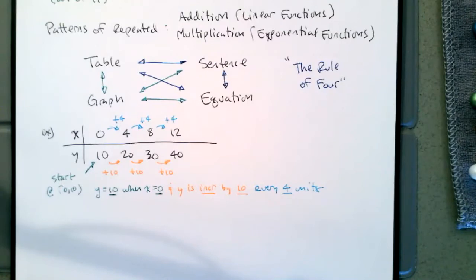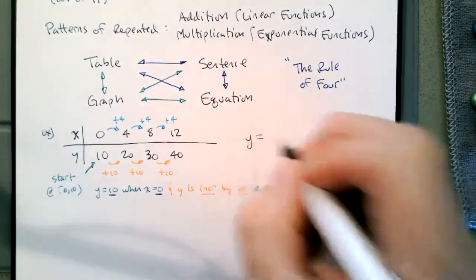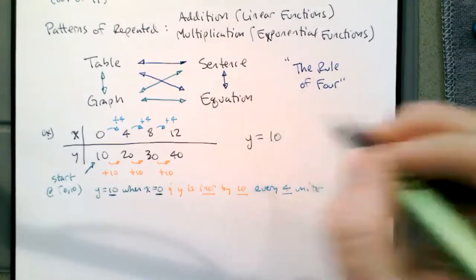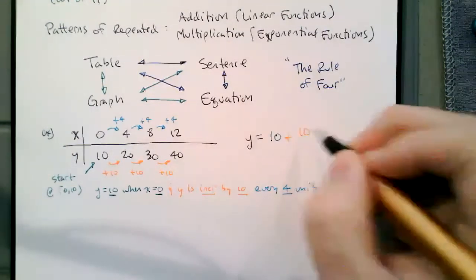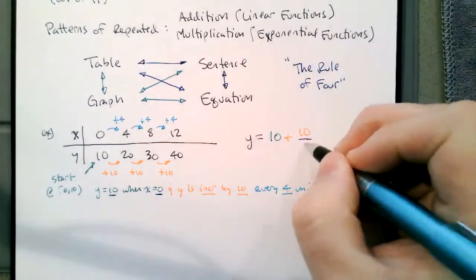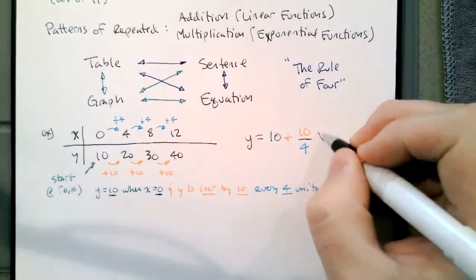And we can translate that into an equation. We could say this means that y is equal to starting off at 10 and adding 10 every 4 units a bunch of times.